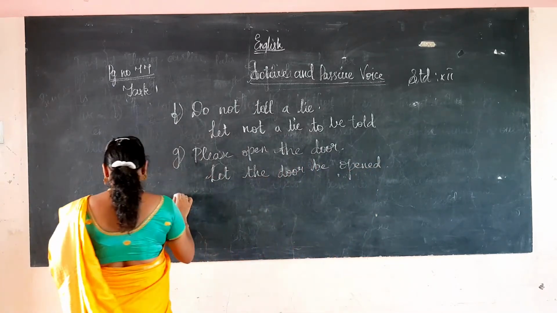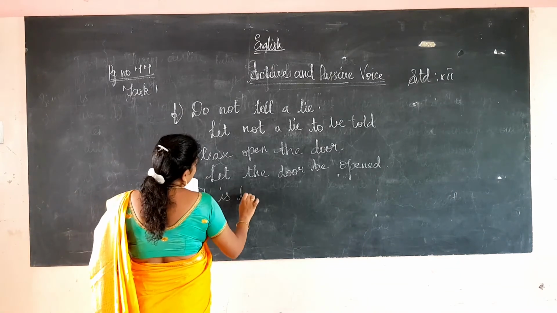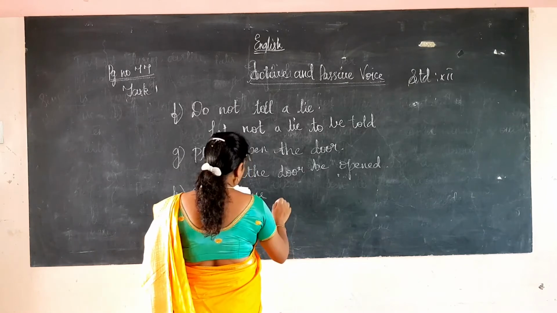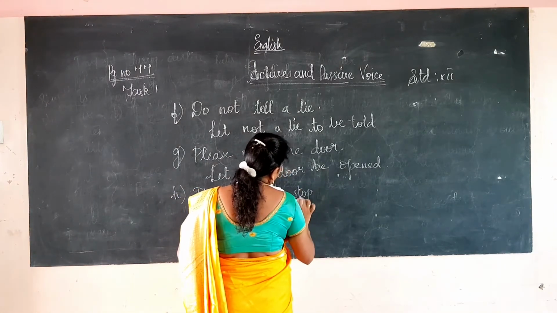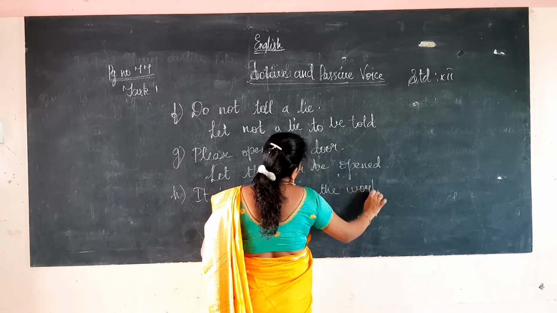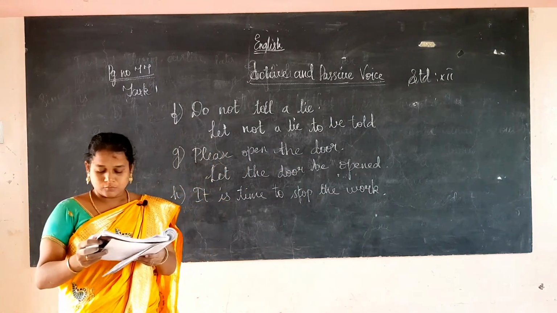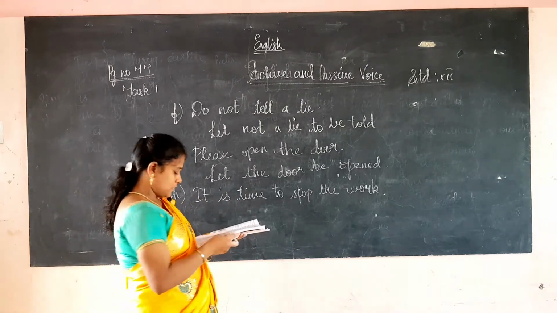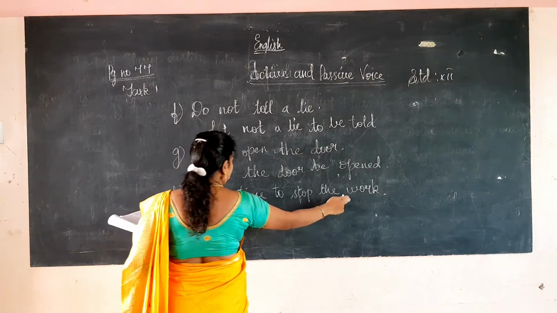Okay. Next one, H: It is time to stop the work. How will you change it? It is time to stop the work. The work we have to make the subject.